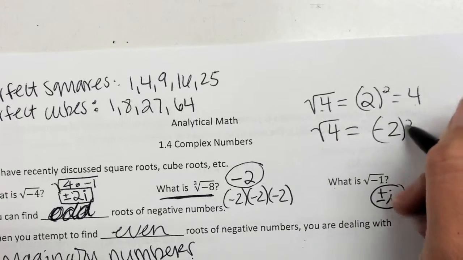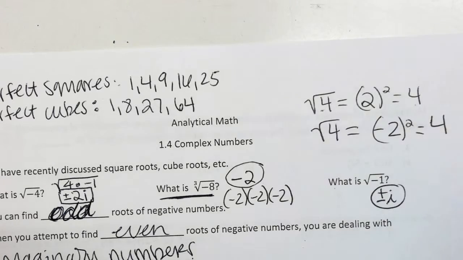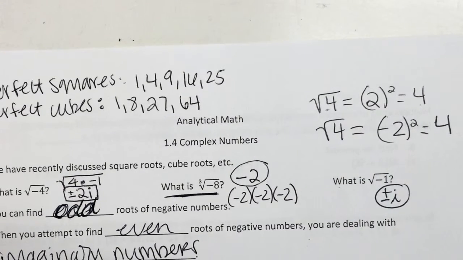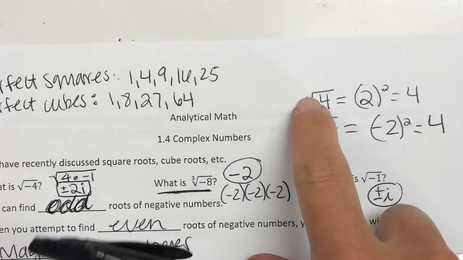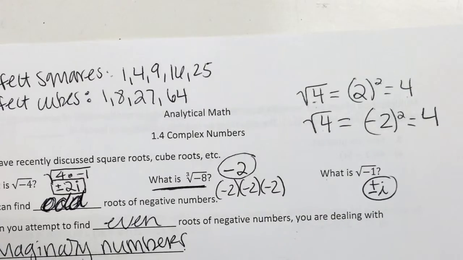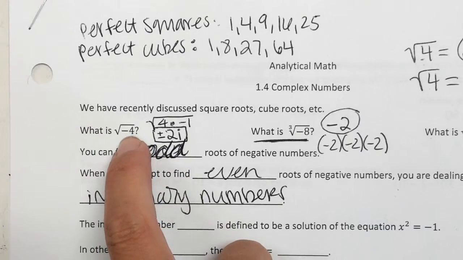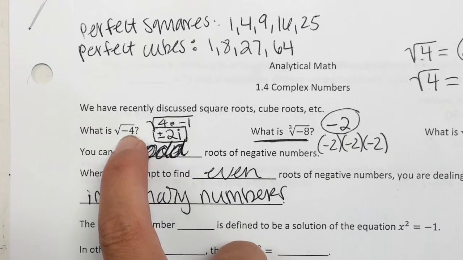What is negative 2 squared? Yeah, it's still 4 because 2 negatives make a positive. So anytime we have an even root like squared or 4th or the 6th root, we have to put plus or minus. And why do you have to put like i? That's if you have a negative underneath an even root. Oh, okay.